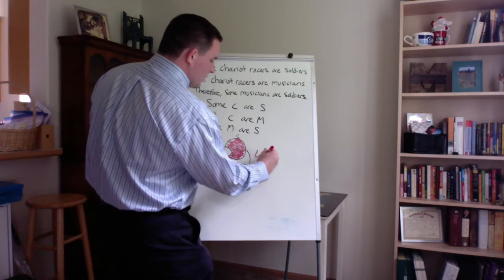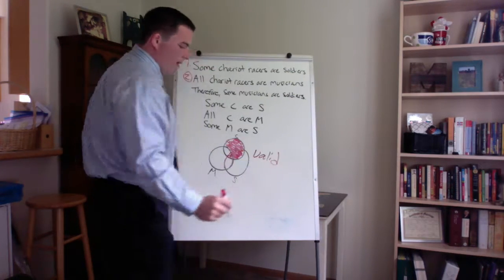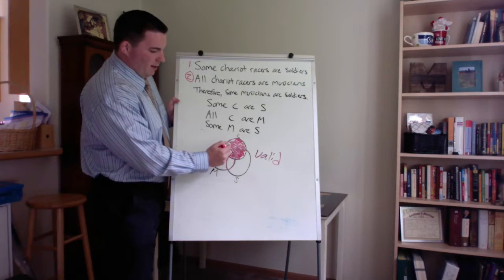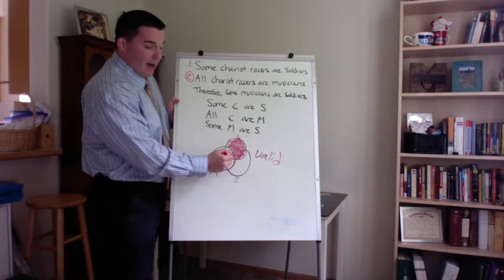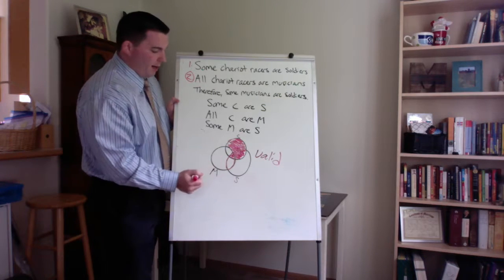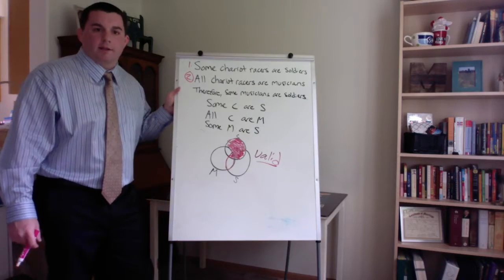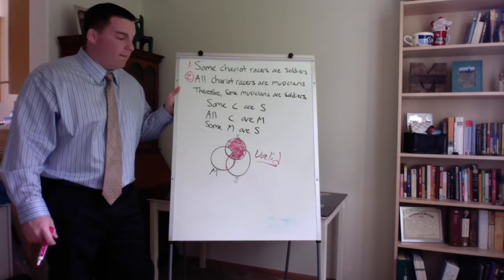So that tells us that this argument is valid. It's a little bit difficult to see, but the shading is up here. The X is right there in the middle, the area of overlap. So therefore, that's a valid argument. Okay, hope that helps you out.